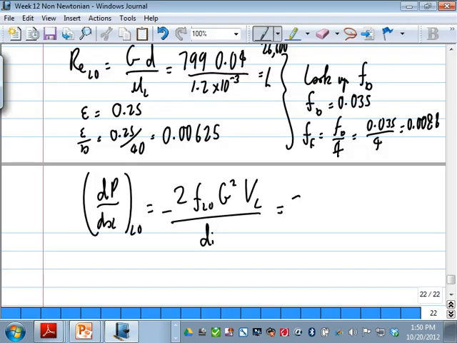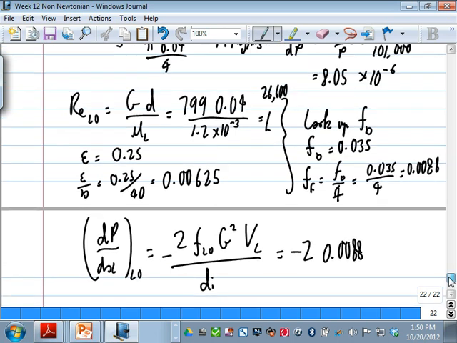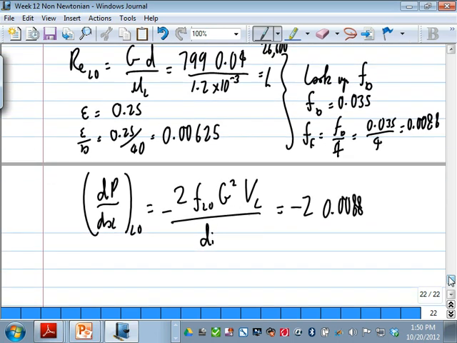So that is 2 times F_LO, 0.0088, times G squared. What is G squared? 799 squared.